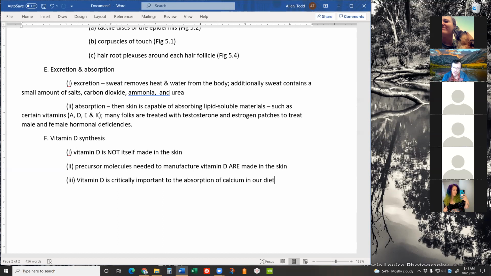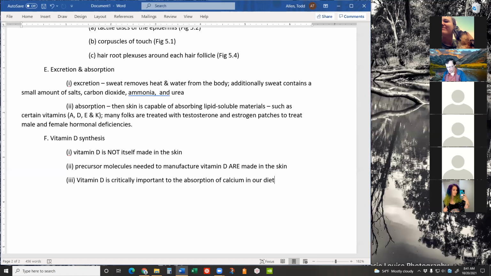Without calcium, certain glandular tissues throughout the body are not capable of releasing their hormones into the bloodstream. Calcium is super important, so that's why it's important that we maintain healthy levels of vitamin D in our body. You might be aware of somebody on a vitamin D supplement prescribed by their doctor. That's pretty normal.